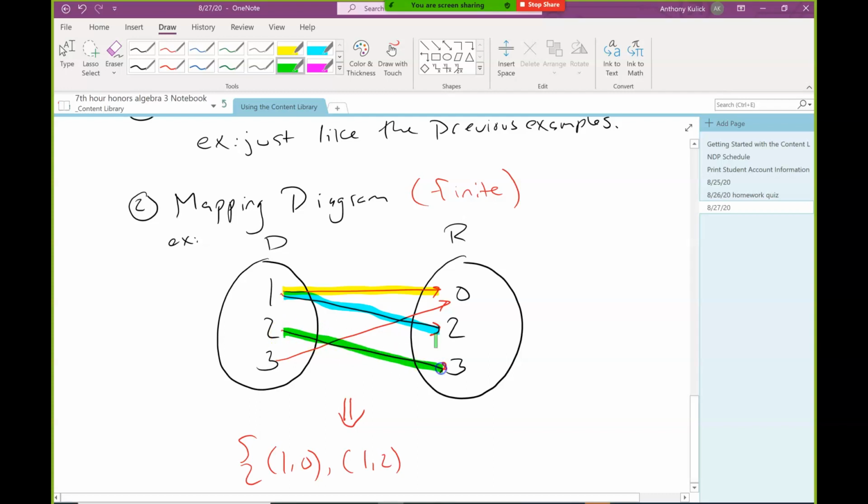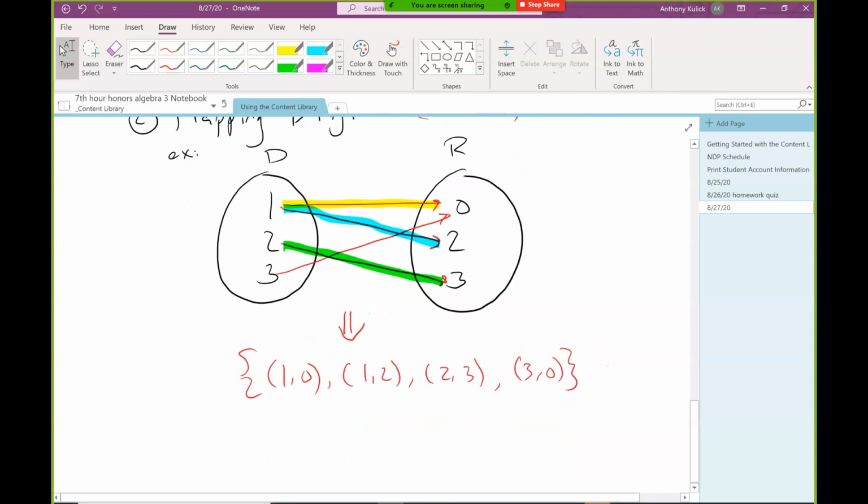This arrow represents the ordered pair 2, 3. And then that last arrow represents the ordered pair 3, 0. Is everybody okay on that? We can see how to read that mapping diagram.